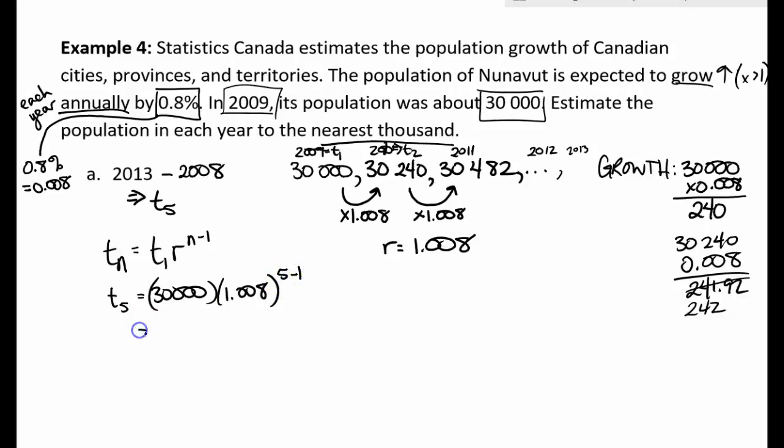And I'm going to just plug that into my calculator. The number I get out of my calculator is going to be 30,971.6. But in actuality, we can't have decimals of people. And in our question, we're asked to find to the nearest 1,000. So that means we're rounding at this point here. The 9 rounds up, so we would expect them to have 31,000 people in 2013.